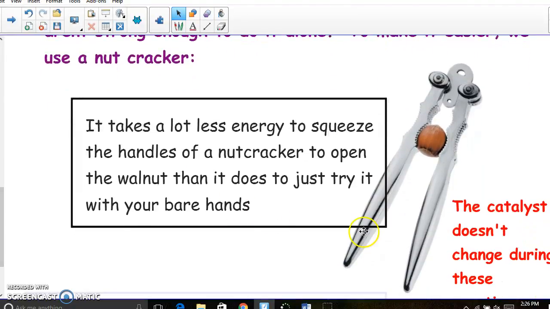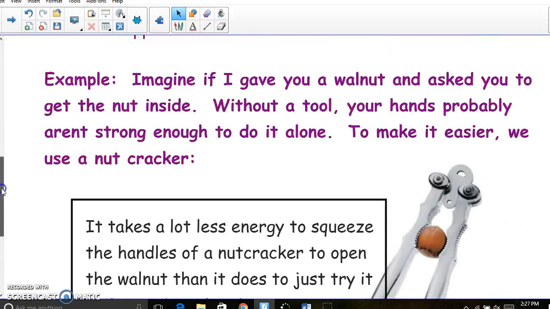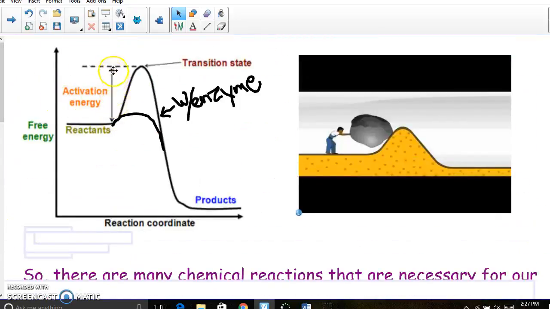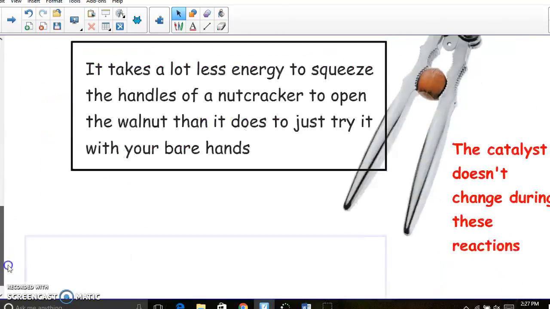However, you use a nutcracker, you wedge that hazelnut in there and squeeze the handles, and all of a sudden that hazelnut cracks open super easy. That's how an enzyme works. This is trying to crack open that hazelnut without a nutcracker, but you use a nutcracker and all of a sudden it's super easy, and you could do it over and over and over all day, right? And that's how an enzyme works.